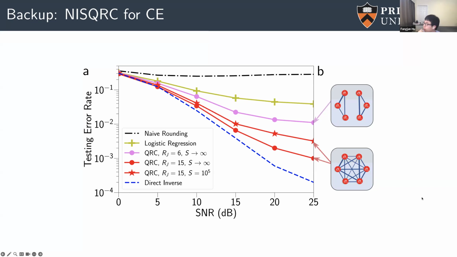We define some metric to quantify the expressive ability called capacity. Such capacity quantifies how many features you can get from the quantum reservoir, and you can have a plot of the capacity as a function of the strength of those couplings. As you change the coupling, initially the expressive ability becomes larger and larger, but after it reaches some maximum, it decreases when you use a very, very large coupling.